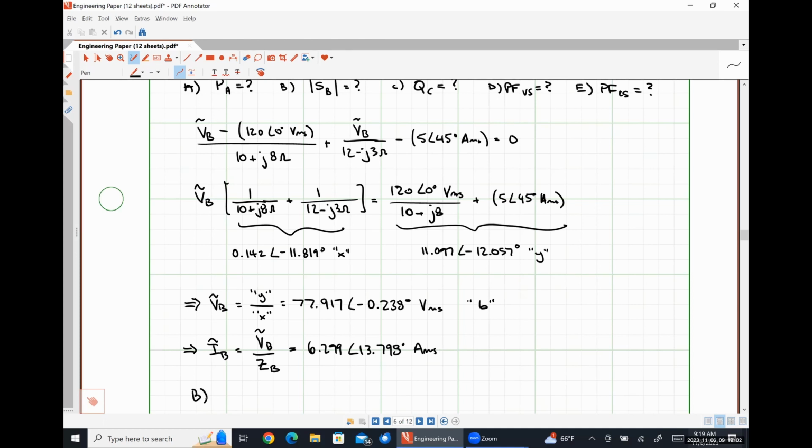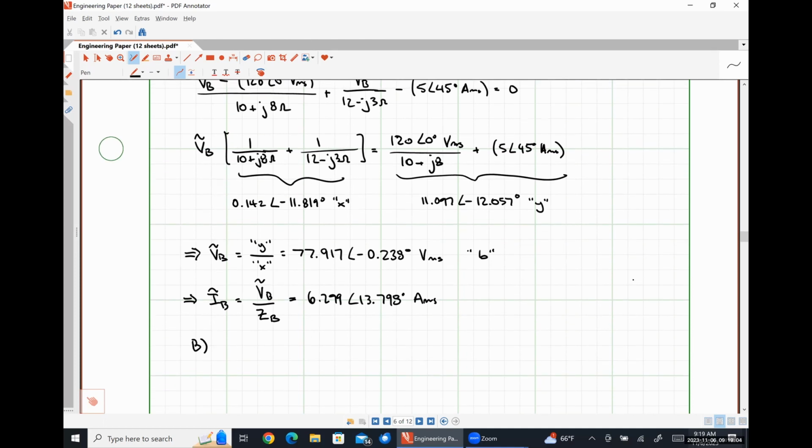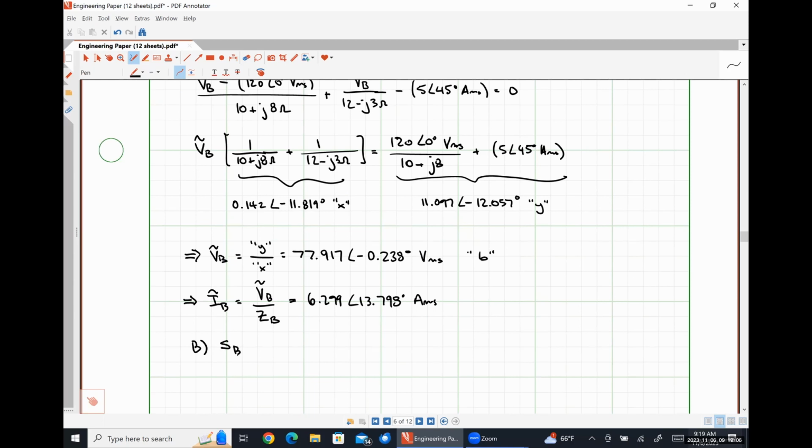So let's do that really quickly. The complex power absorbed by element B is just my RMS voltage VB times the complex conjugate of my RMS phasor current IB.